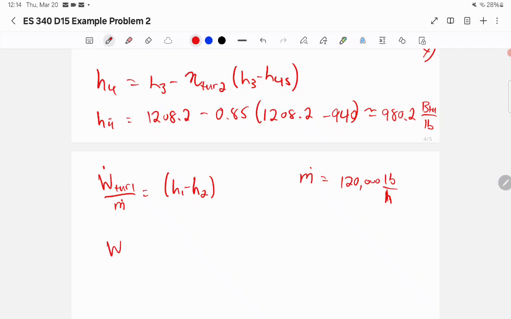So that means that my work that's coming out of turbine 1 is going to be equal to M dot times H1 minus H2, which is equal to 120,000 times 1388.5.